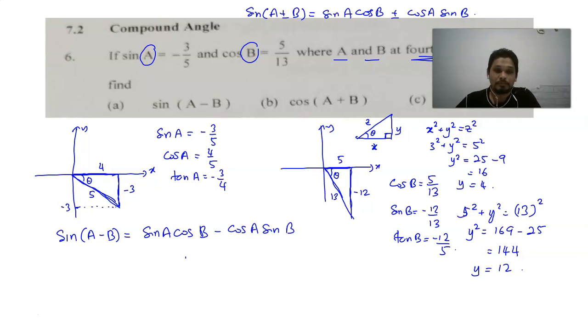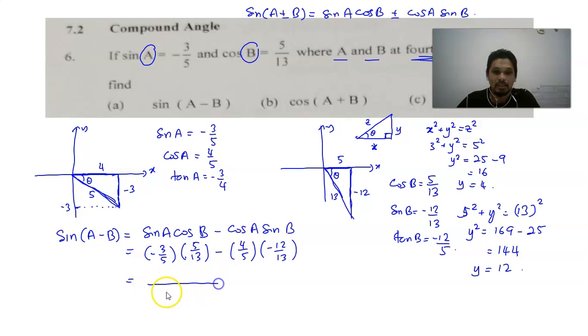Now, sine A equal to negative 3 over 5, cos B is 5 over 13, minus cos A, 4 over 5, and sine B, negative 12 divided by 13. 5 times 13 is 65.